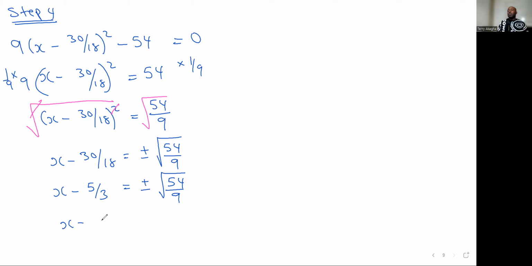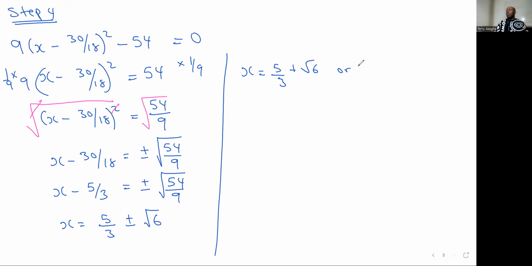So x is going to be 5/3 plus or minus square root of 54/9, which is the same thing as saying square root of 6 because it's going to cancel out. So the x is now equal to 5/3 plus root 6, or you can say 5/3 minus root 6.